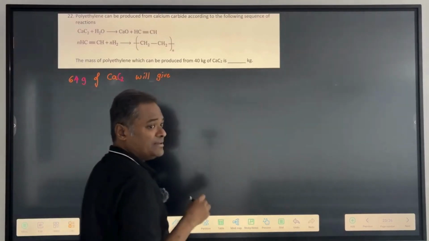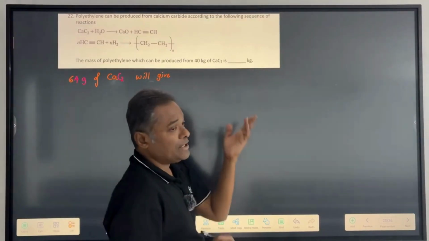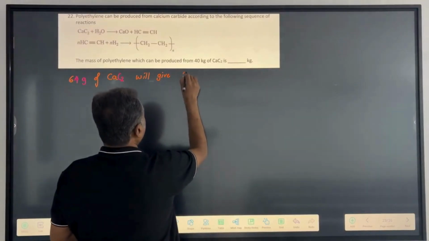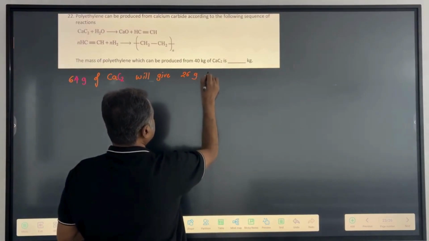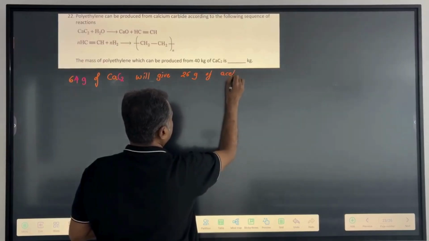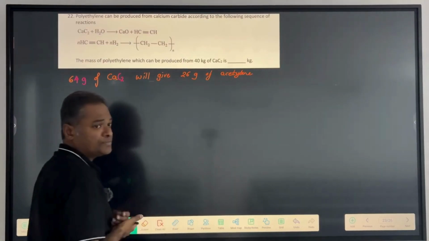Now acetylene is nothing but having 2 carbon atoms which is 24 and 2 hydrogen, it will be 26. So it will be giving 26 grams of acetylene. Is it clear? Which is nothing but the molecule.